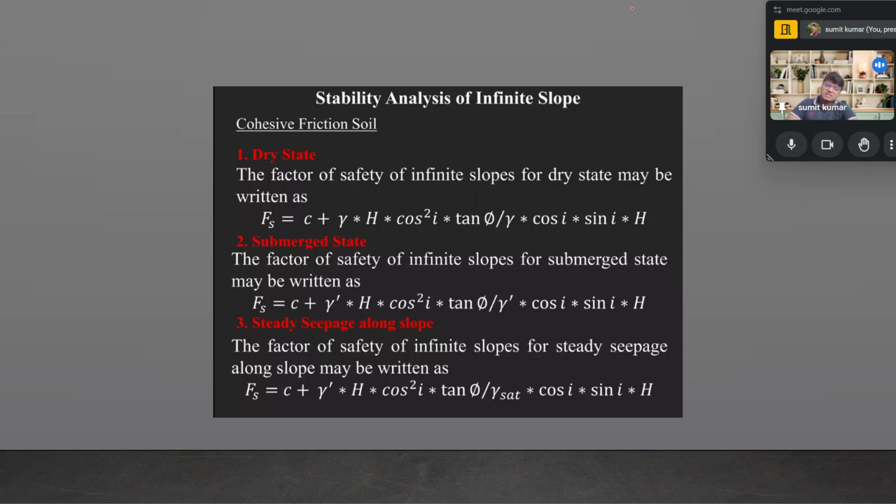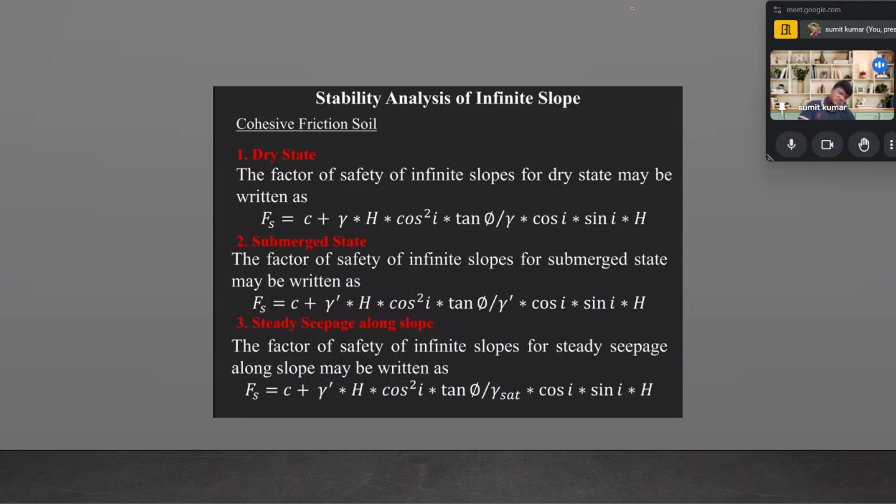Now, when we talk about the cohesive frictional soil, the values of C and phi are both present at that cross section. When we write for the dry state, we say Fs equal to C plus gamma h cos square I tan phi by gamma h cos I sin I. Similarly, for the submerged condition, gamma changes to gamma dash in above and below.